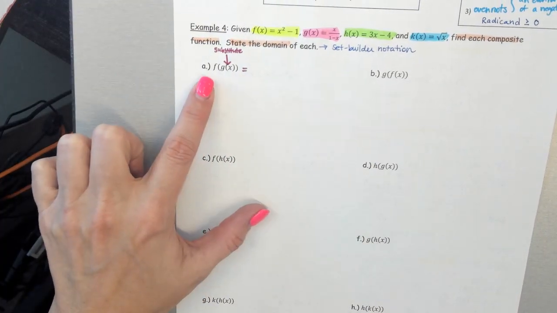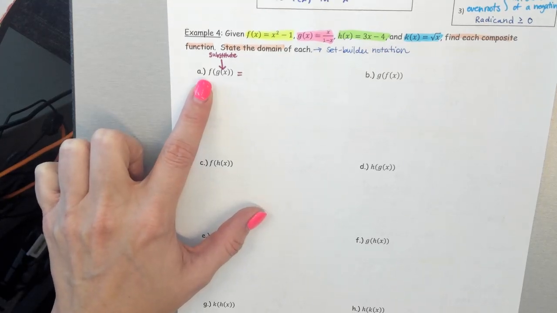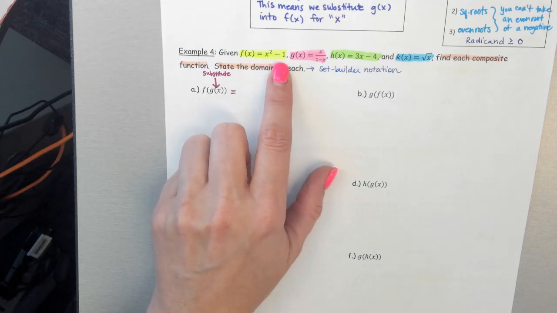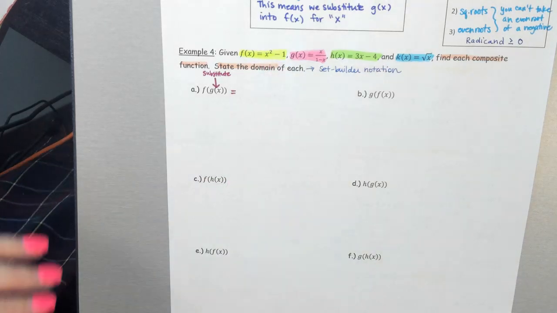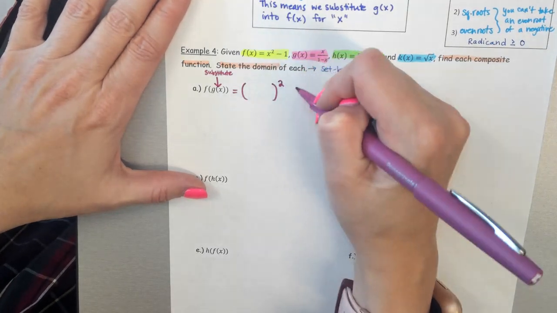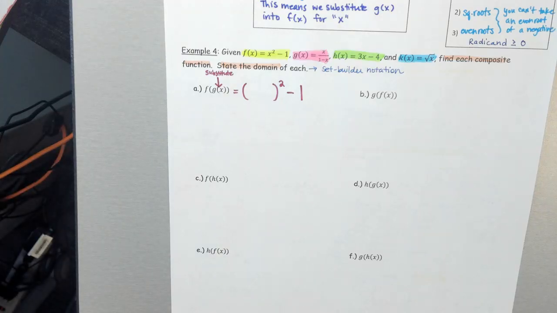You are going to substitute g of x into the equation of f of x. Okay, so I just want you to look at f of x. It's x squared minus 1. What you can do is you can rewrite that without the x in there. So x squared minus 1. Okay, so I want you to go ahead and do that step.